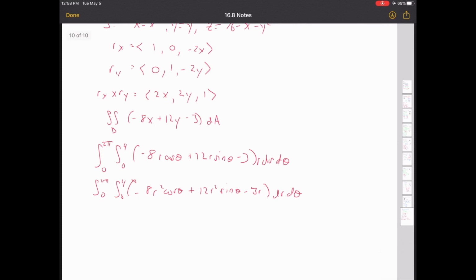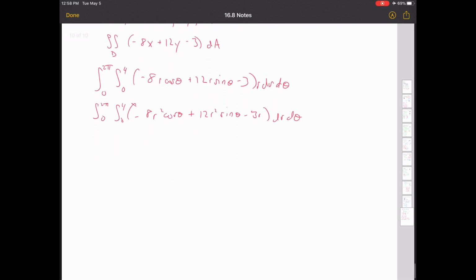Let's go ahead and take the antiderivative with respect to r. So 0 to 2 pi for my first integral. So we're going to get negative 8 thirds r cubed cosine theta plus 12 thirds, which is the same as 4 r cubed sine theta, minus 3 halves r squared. And we'll evaluate that from 0 to 4 d theta.